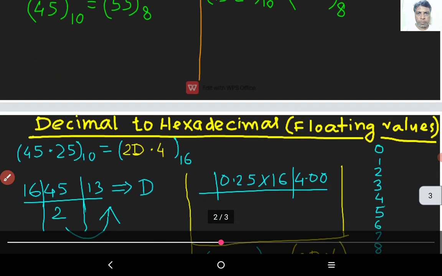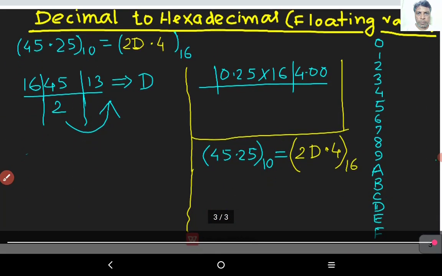In this manner we will convert decimal to hexadecimal.